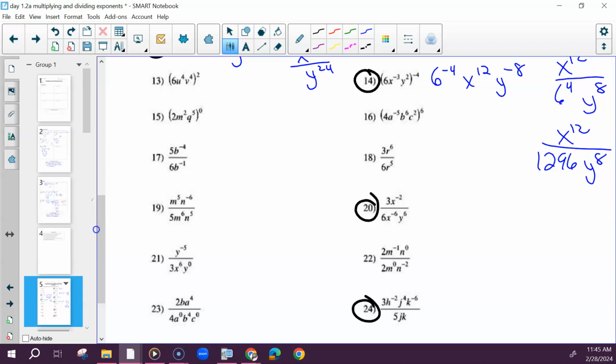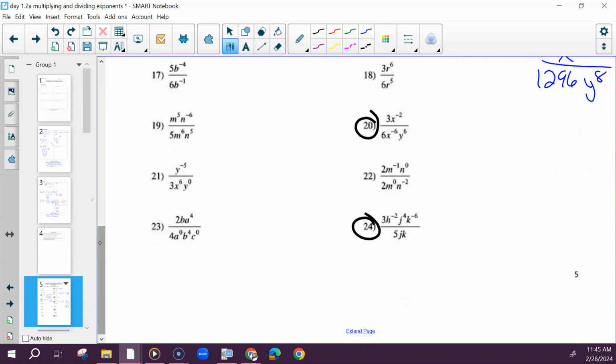20. We're dividing. We're going to actually divide the numbers to the best of our ability. If we can simplify it, do that. If it can't be simplified, leave them. So 3 over 6, we know is 1/2. We have like bases for x's. Negative 2 minus a negative 6 would be a positive 4.